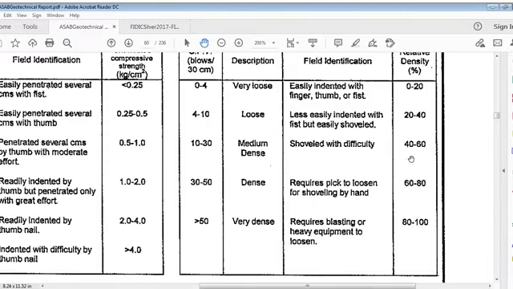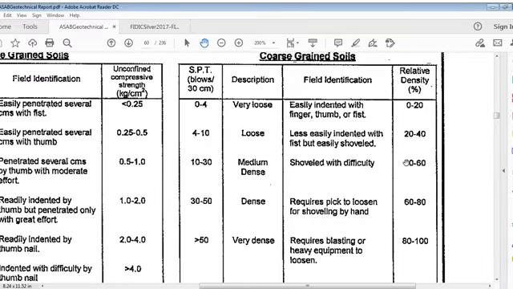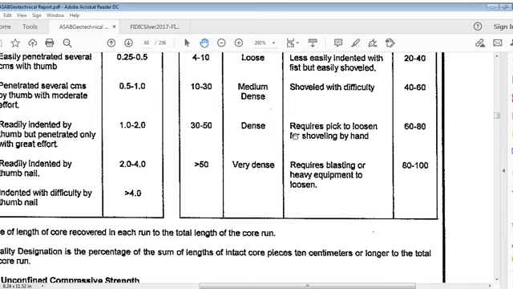Then 30 to 50 is dense, requiring a pick to loosen or shovel with the hand, 60 to 80.